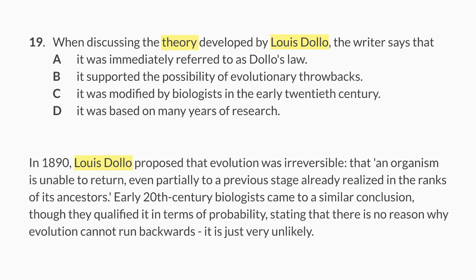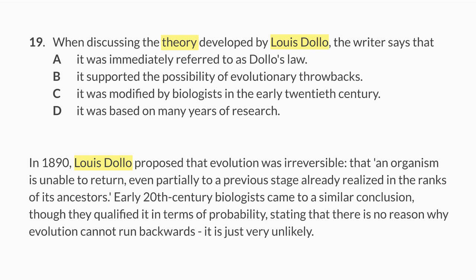So let's start reading. I want to start reading from over here because this is where our keyword appears. Maybe we're going to find our answer in this one sentence, or maybe we'll have to read an extra second sentence. Let's begin. In 1890, Louis Dollo proposed that evolution was irreversible, that an organism is unable to return even partially to a previous stage already realized in the ranks of its ancestors.